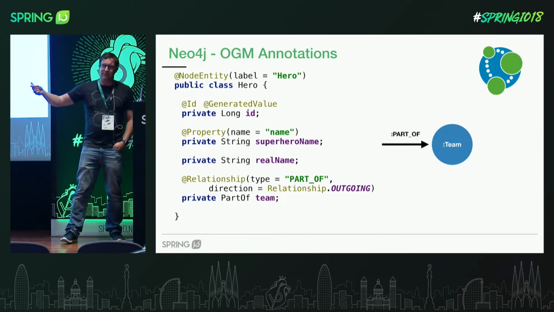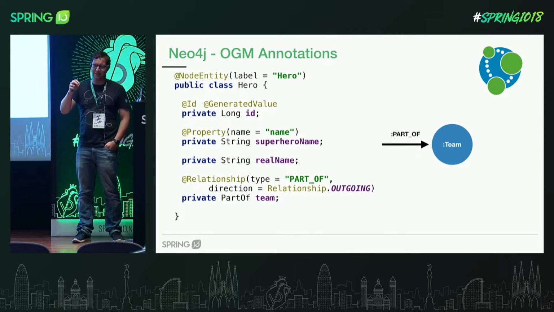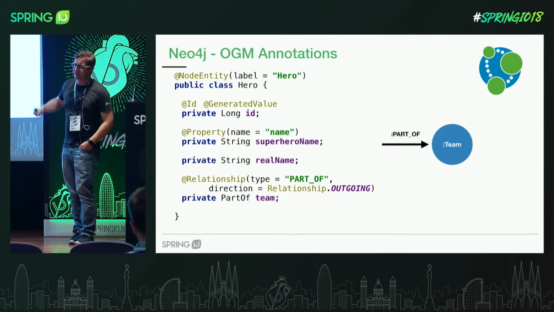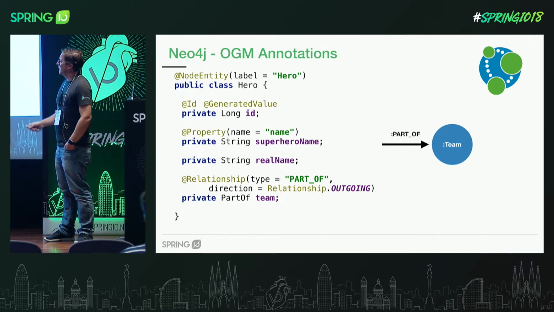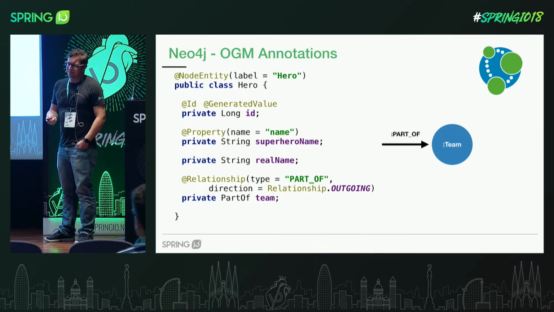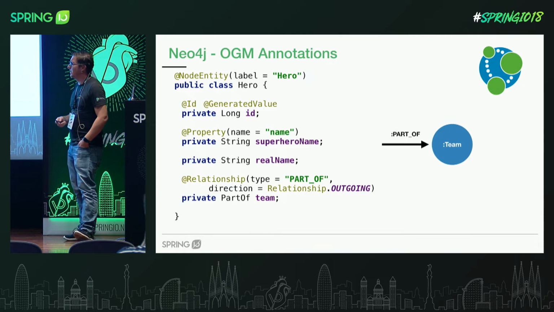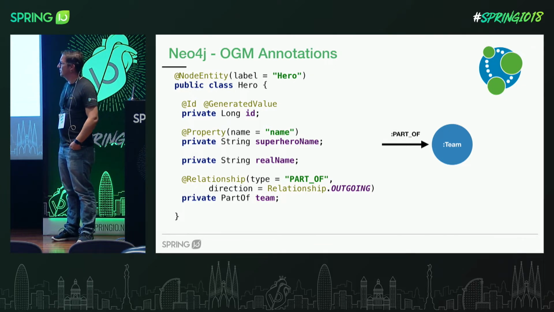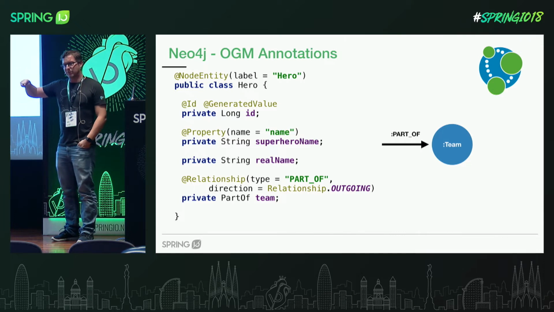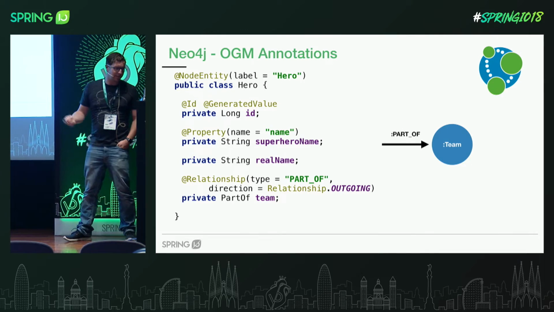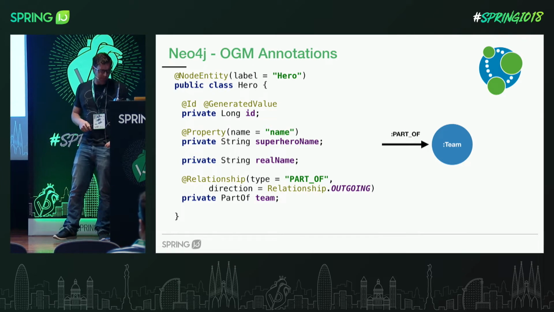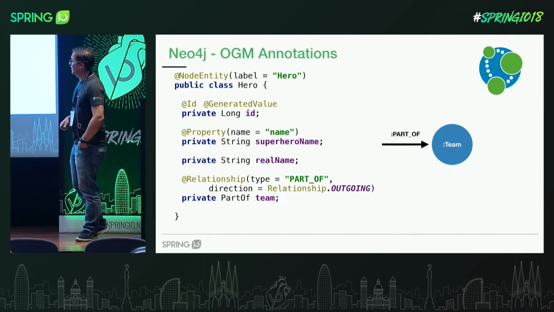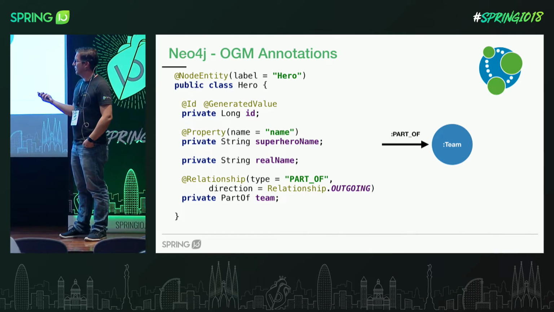I can refer to another node label if I do not want to apply Hero in this case. By default, OGM works like JPA in the interpretation. If you customize something like the property for the superhero name, that will be mapped to the name property in the graph, and vice versa if you load the data. And it's pretty straightforward to model your domain with OGM.